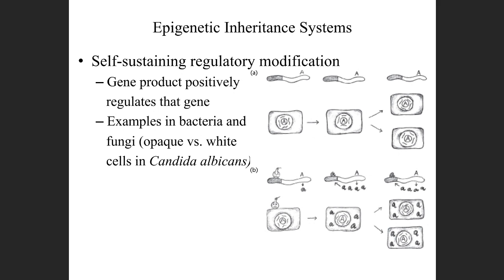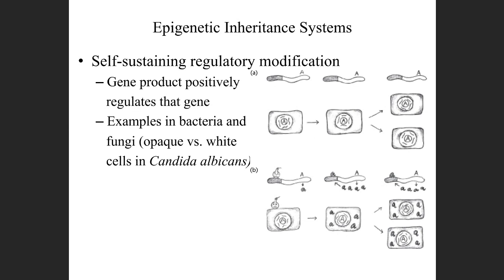And so this is a positive feedback loop, and it will lead sometimes to a stable change in conformation. And one of the best examples of this is the regulator of opaque versus white cell form in a fungus, a yeast, Candida albicans.